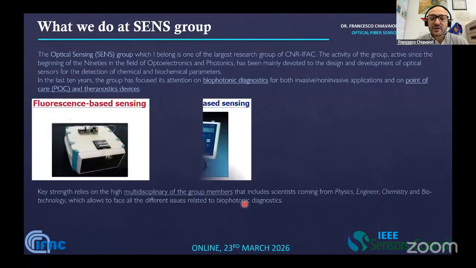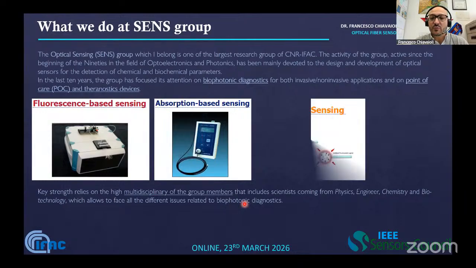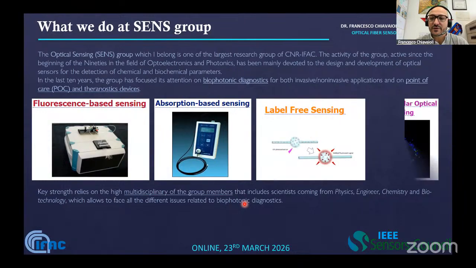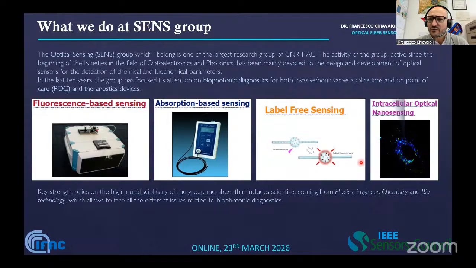We can briefly divide our activity in the group into four different topics: fluorescence-based devices, absorption-based devices, label-free devices, and intracellular optical nanosensing.